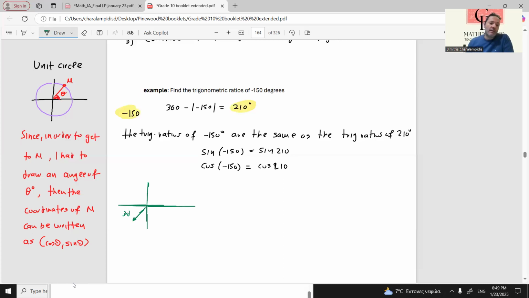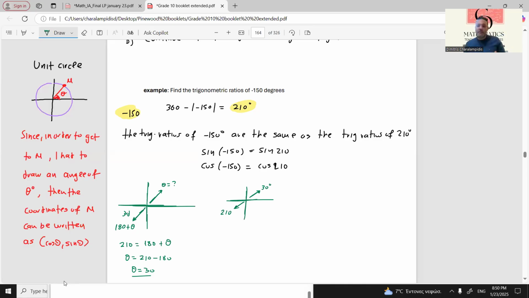We know that they are always of the form 180 plus theta. Now I need to calculate the corresponding angle theta. If 210 can be written as 180 plus theta, then this means that 210 minus 180 is theta. So I managed to relate the angle of 210 with the angle of 30 degrees.